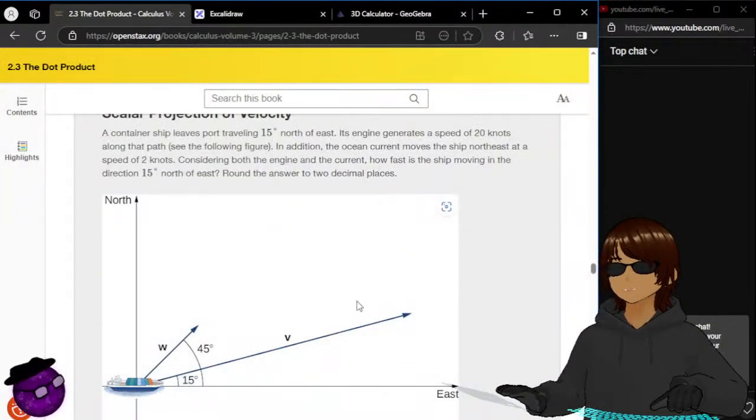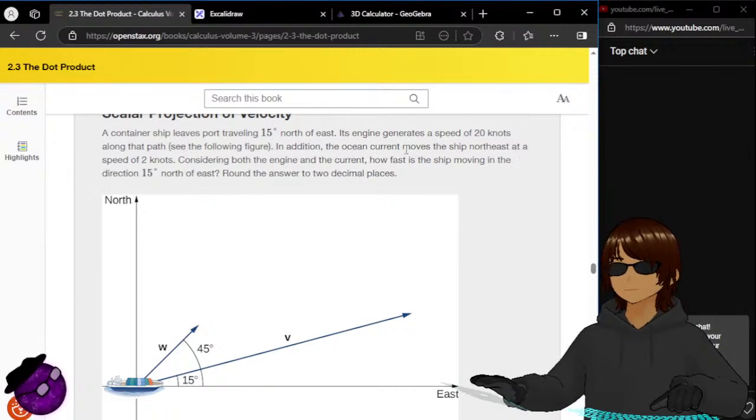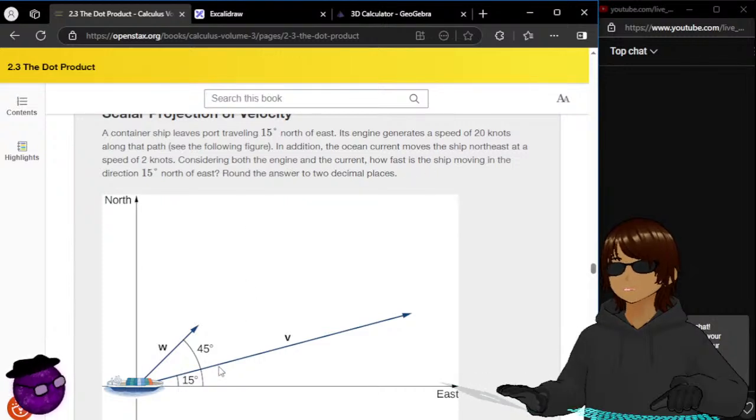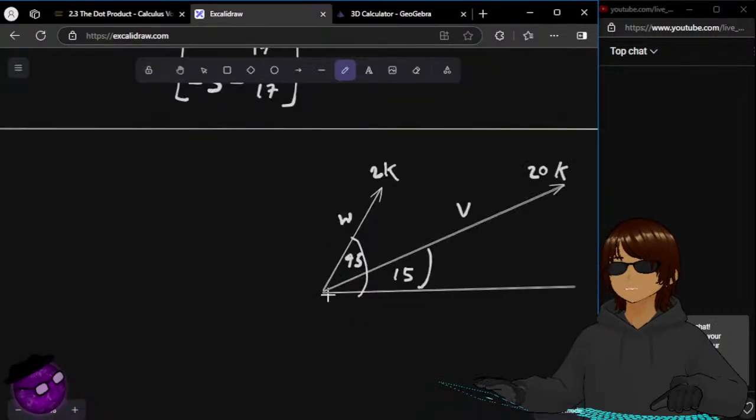So 2 knots, 20 knots, and we want to see how fast the ship is moving in this direction. So they want this direction. So it's basically 20 knots plus the projection of this in this direction.